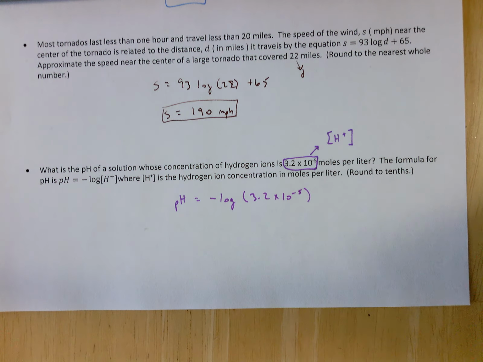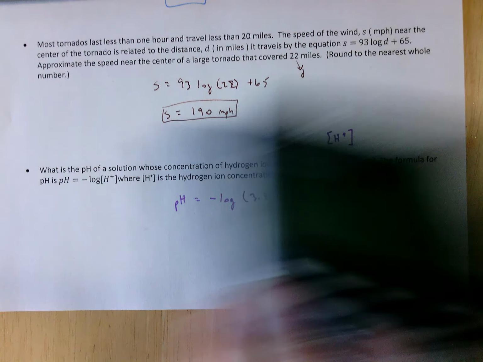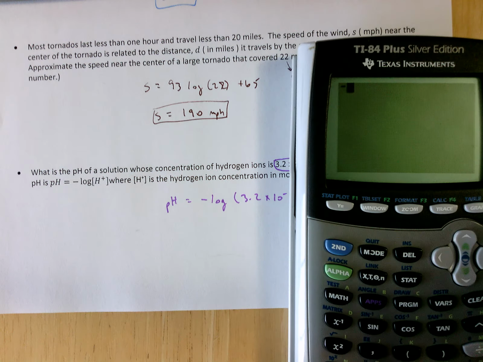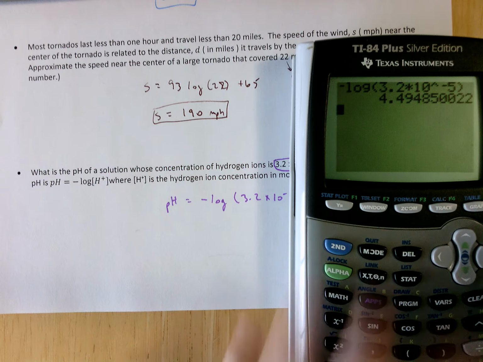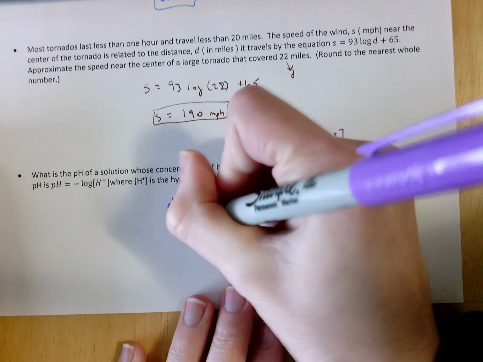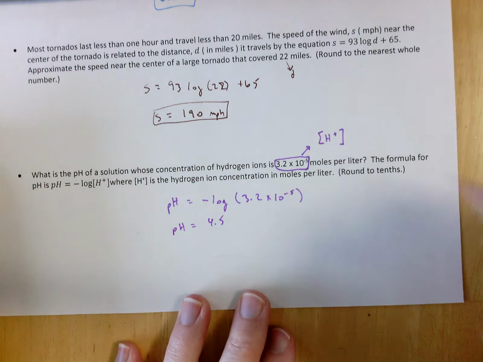Okay, and then just like the last problem, this is all number, so I can just pop this in my calculator. So I'm going to do negative log, and it's 3.2 times 10 to the negative fifth, like so. Okay, so then rounded to the nearest tenth, that would be 4.5 is my pH of this particular thing.